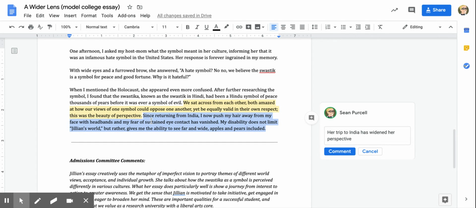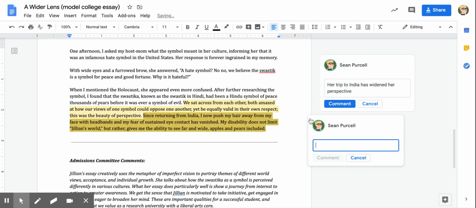She says, "Since returning from India, I now push my hair away from my face with headbands, and my fear of sustained eye contact has vanished. My disability does not limit Gillian's world, but rather gives me the ability to see far and wide." Okay. So the essay is not just about how her trip to India gave her more of an open mind.